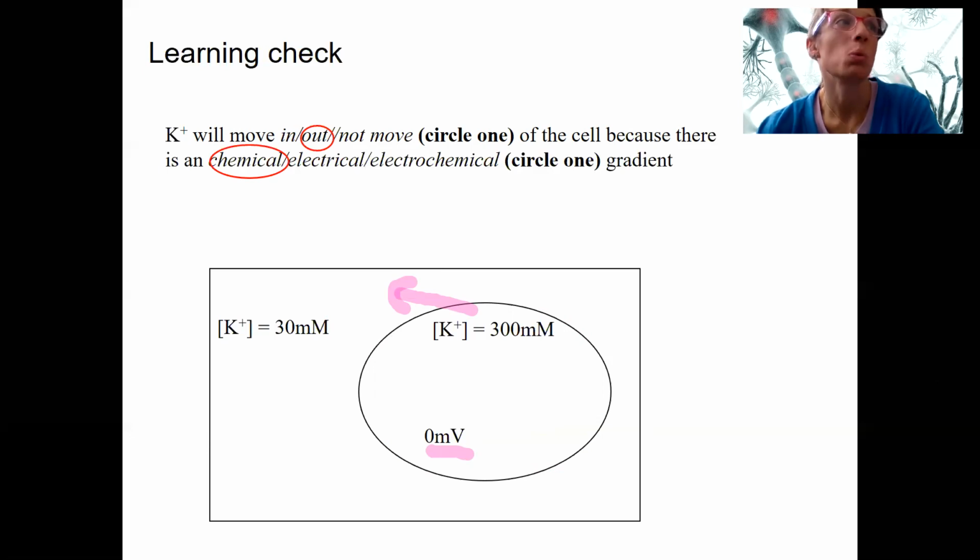Let me actually do one more, and I don't have this, so I'm going to change this to -50. In that case, we've got an electrochemical gradient. Potassium is still moving down its chemical gradient. It's also moving down its electrical gradient.